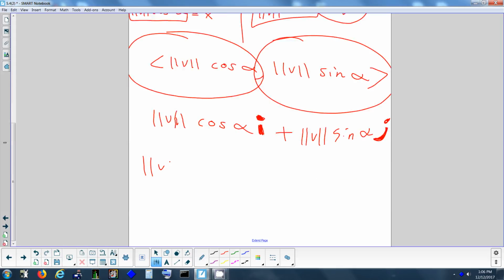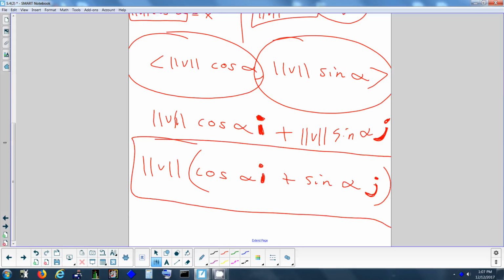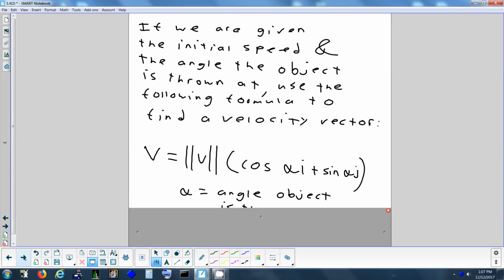So if we wanted, we could put it on the outside and shorten it to just this. Magnitude of v, cosine alpha with an i, plus sine alpha with a j. And that last one, that's most of the time how you're going to see it written. So that's the formula for a velocity vector. You could write it the other way too. That's fine. Either way, but that bottom way is a little more simplified. And that's exactly what we just came up with.